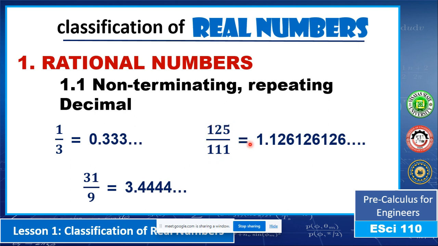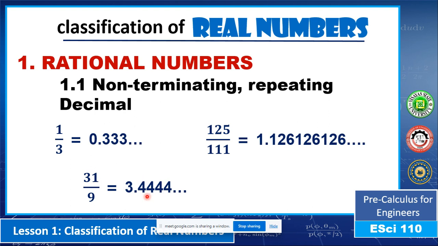So this is equal to 1.126, 126, 126. Therefore, the repeating digits are 1, 2, and 6. So these three digits repeat. And then the other example, we have 31 over 9, which is equal to 3.444. So one digit repeats, which is 4.